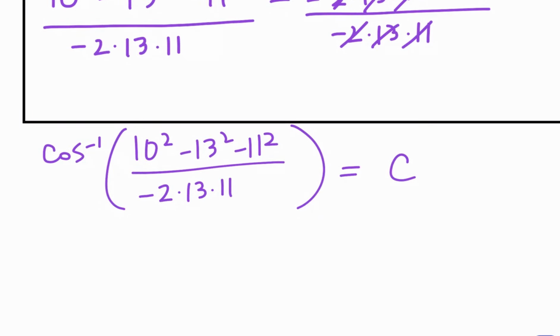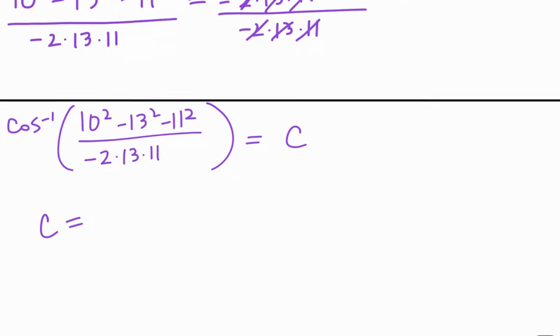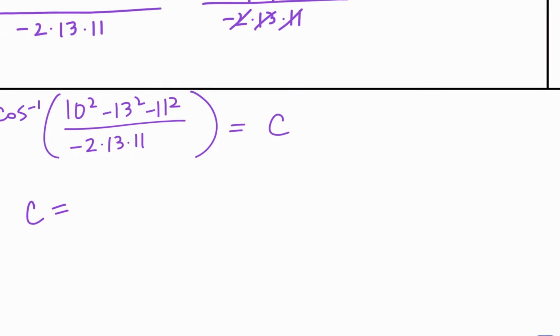Plug it into the calculator. So I'm going to say C equals, and now let's type this in. So I'm going to put this to the side so I can see what I'm doing when I have my calculator up.